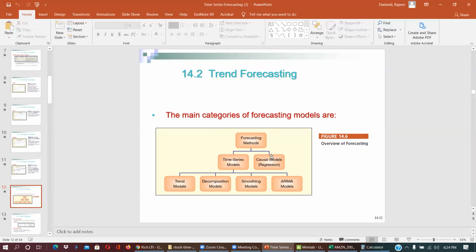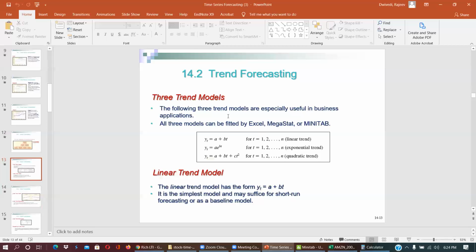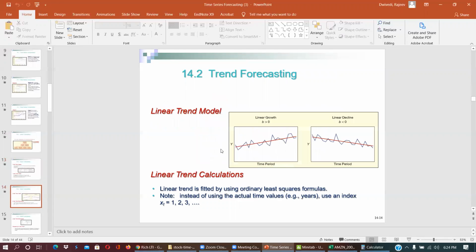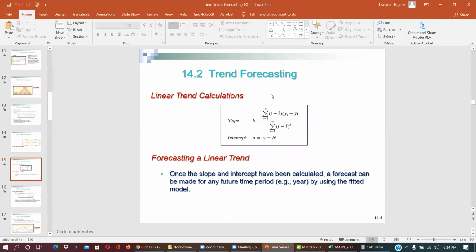That is regression modeling. Time series models: we have trend models, decomposition models, smoothing methods, ARIMA models. Linear trend models, we just saw this linear trend forecasting. We are not going to see all these things because we get everything on our Minitab.